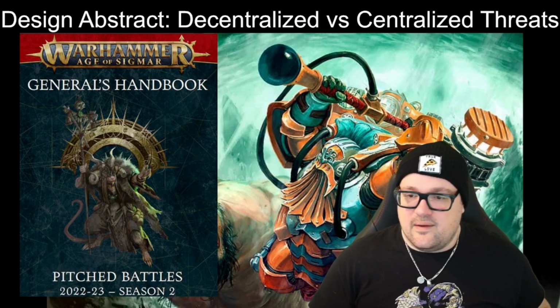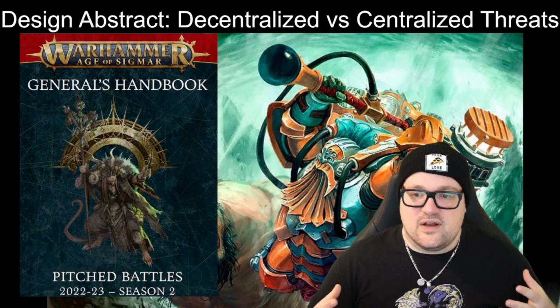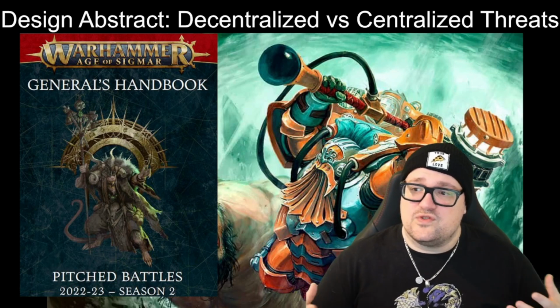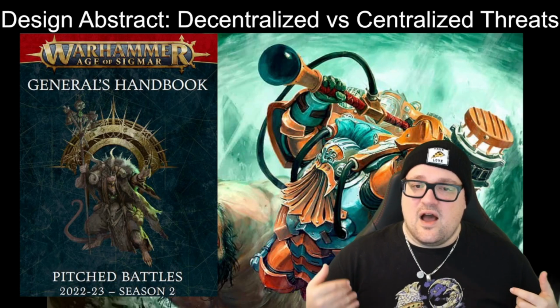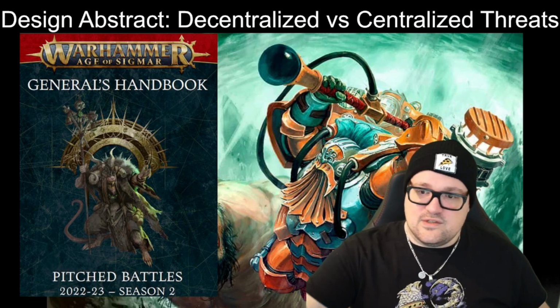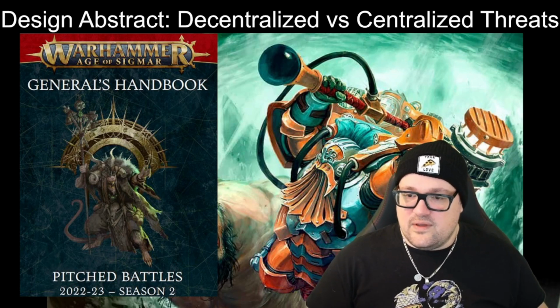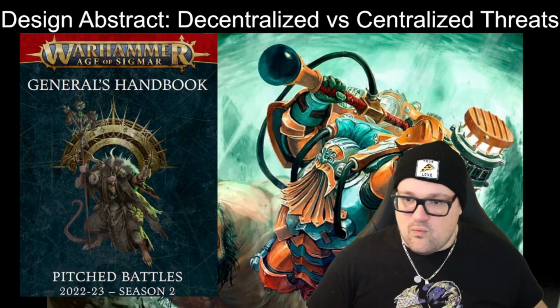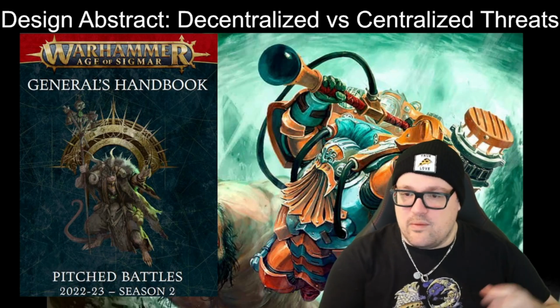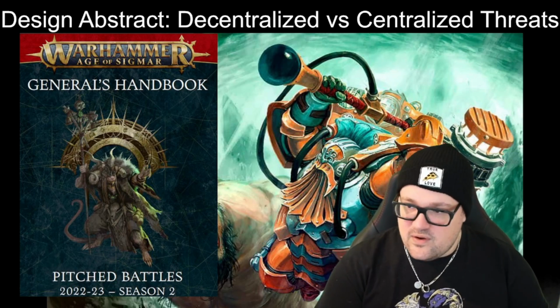Hopefully this concept becomes clear enough for folks that when they design a list and see a net list, or see these warscrolls being used a lot, and want to replicate that, they think more abstractly: why are they in the list? What buffs them? What works together?